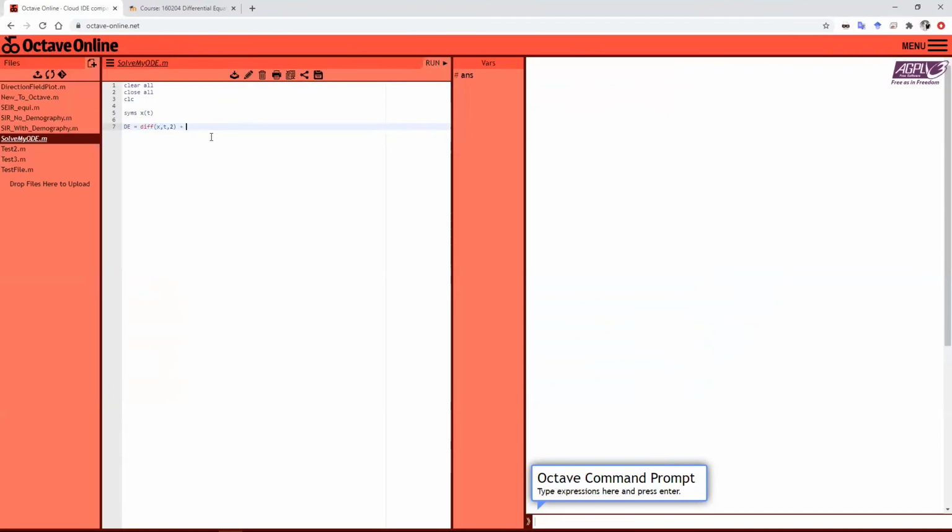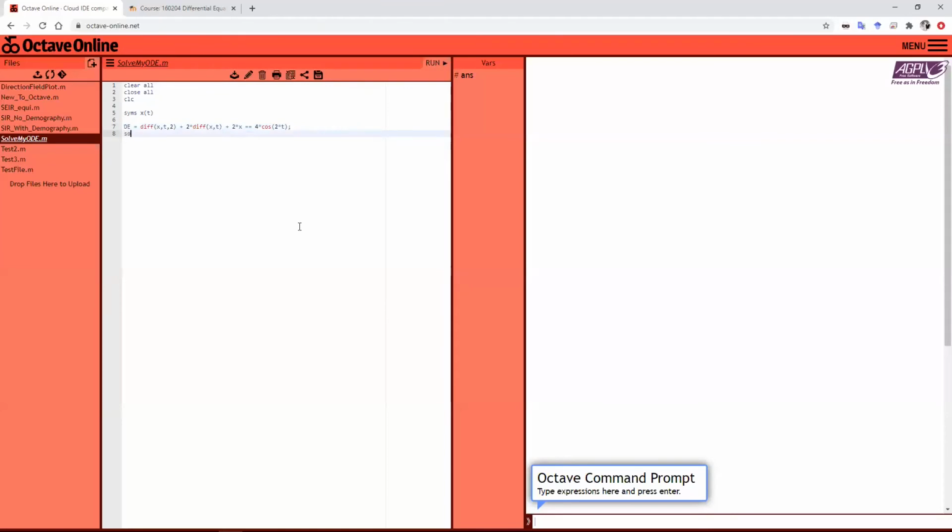I'm going to add 2 times the first derivative of x with respect to t plus 2 times x itself is equal, two equal signs here for Octave, 4 times cosine of 2 times t. So this is the differential equation. I'm going to add this little semicolon here so it doesn't print that every time.